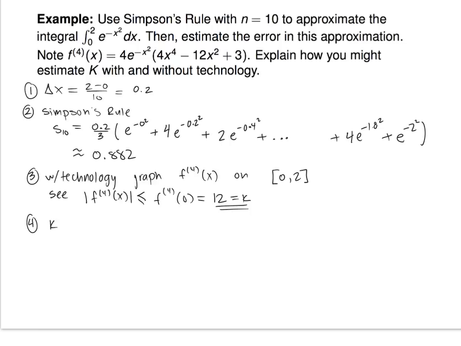Okay, so here's a really rough k without technology, as in on your test, for example. Absolute value of the fourth derivative is equal to the absolute value of 4e to the negative x squared times 4x to the fourth minus 12x squared plus 3. Sorry, that was a typo.